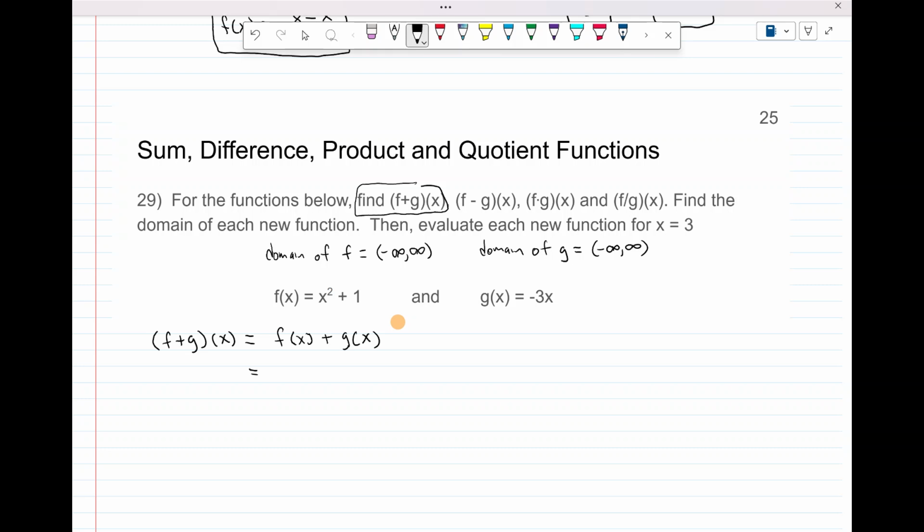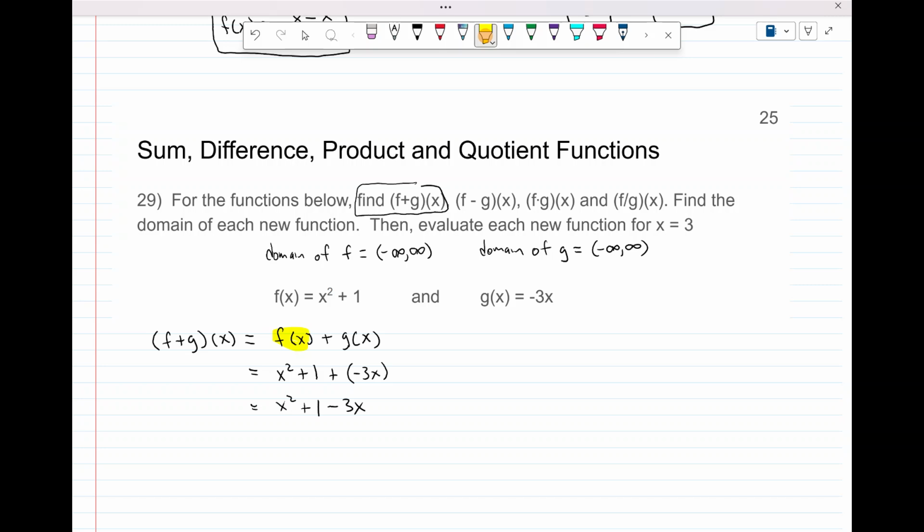We're just going to replace f of x with what it's equal to, which is x squared plus 1. And we're going to replace g of x with what it's equal to, which is negative 3x. Now, if I do plus negative 3x, it's probably better. Remember, plus a minus is just a minus. And so it would be best to express it like this.